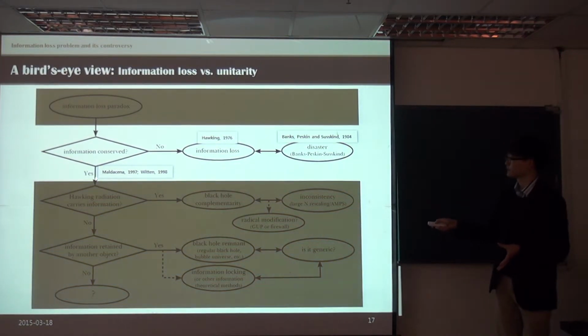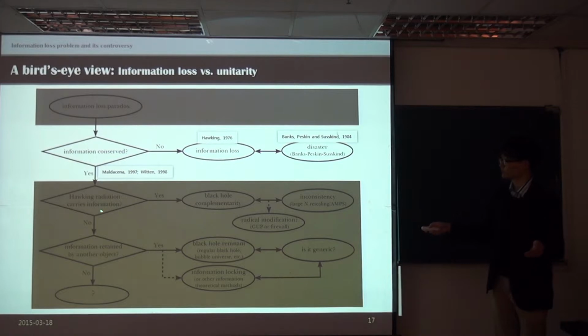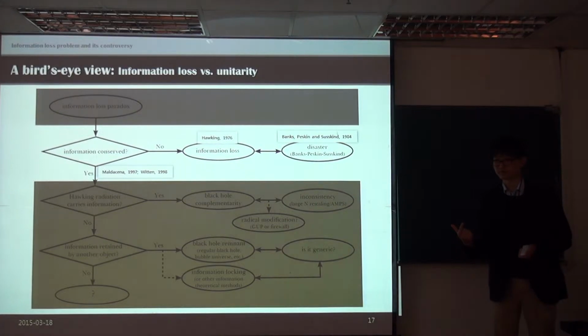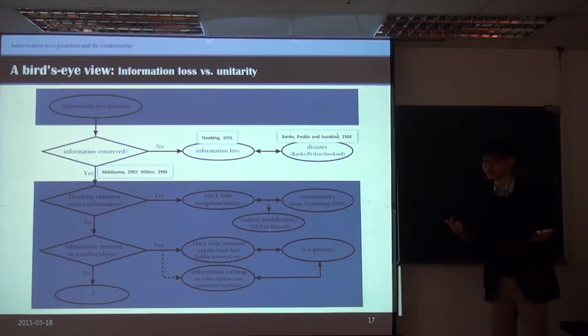So nowadays many people tend to follow this yes direction, but of course there are some limitations. First, AdS/CFT is not an exactly proven statement. Secondly, AdS/CFT cannot give a real constructive way of how information comes out, it just says that it should be unitary.